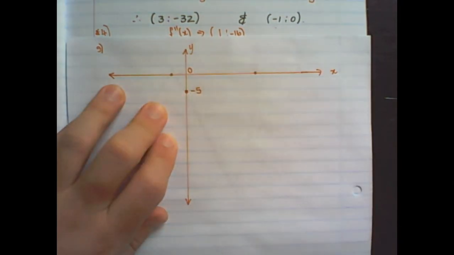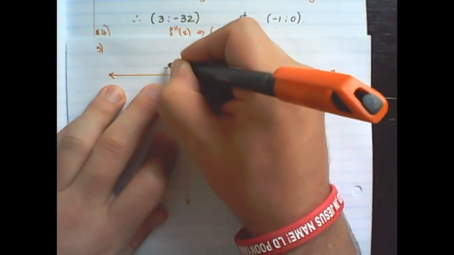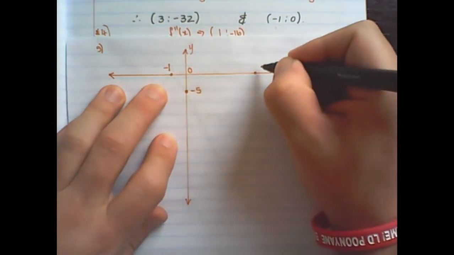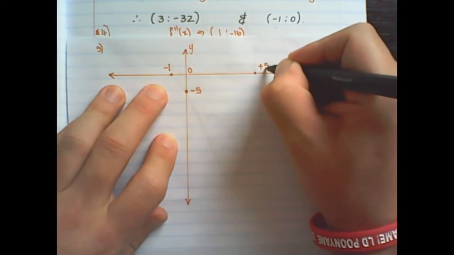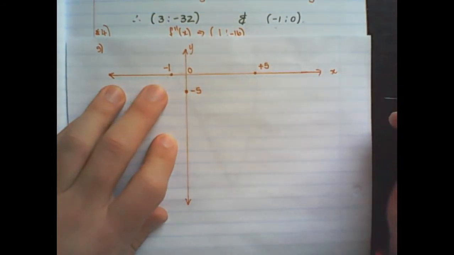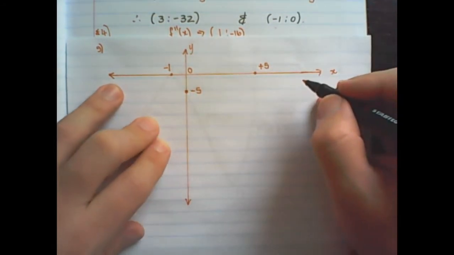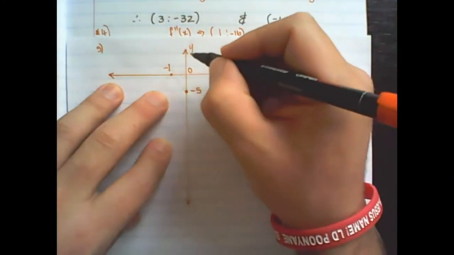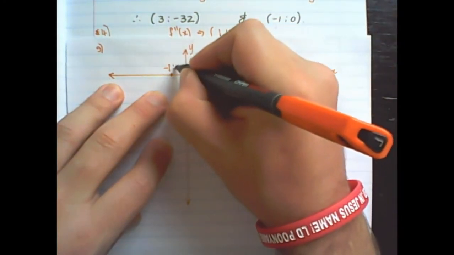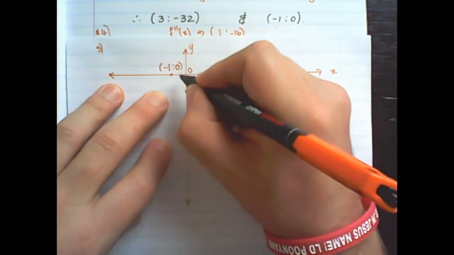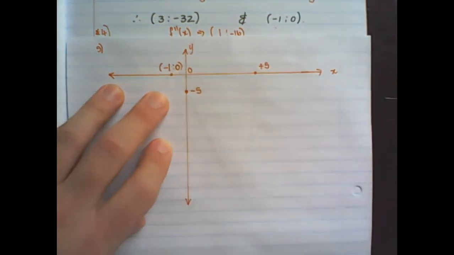In step 2, we found two x-intercept values, the one at negative 1 and the other at positive 5. In step 3, we found two local minimum and maximum values, or two stationary points. The one was at negative 1 and 0, and notice it is sharing the x-intercept.